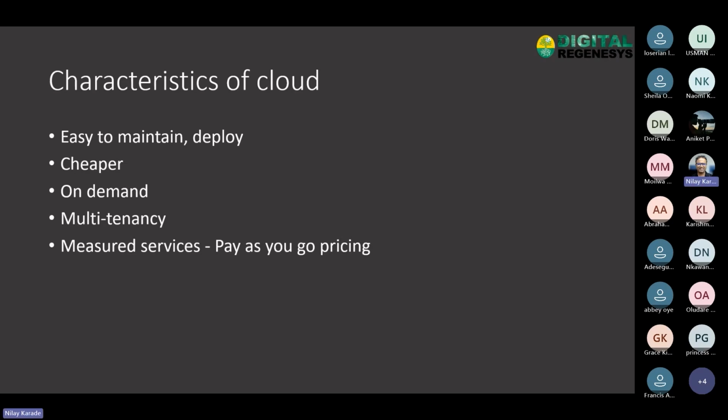Multi-tenancy, as I have already mentioned, means a single resource, a single server, can be shared across multiple users. That will also bring down the cost of ownership, or the rent amount, drastically. And you have to pay only for the amount of services you have used. Let's say I'm using 10 servers now, but then I realize that is quite too much.